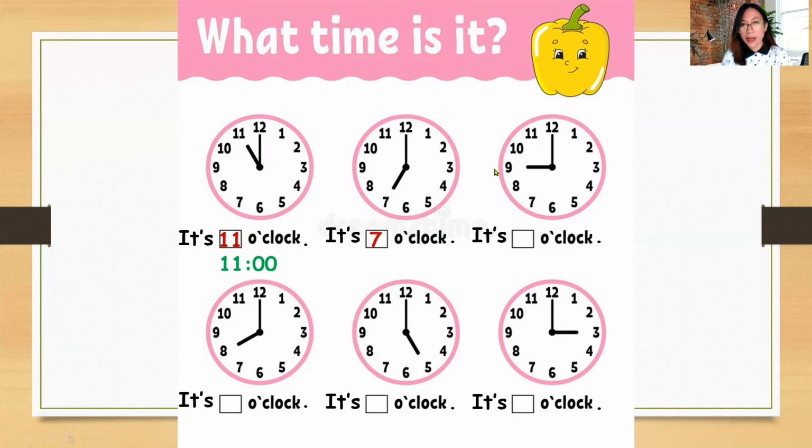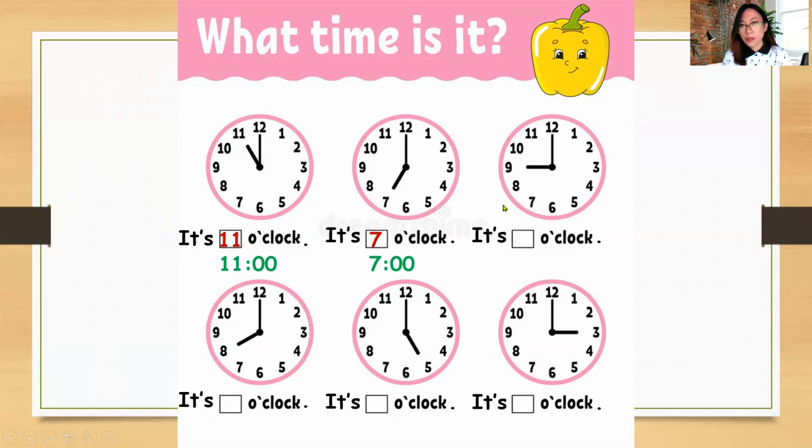Okay, next we have, oh, the answer is already there. What time is it? It's 7 o'clock. And we write it as 7 and then 0, 0.